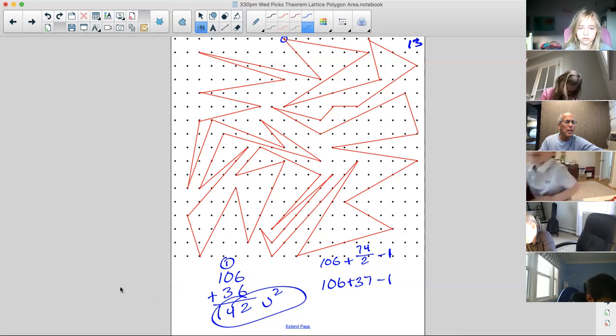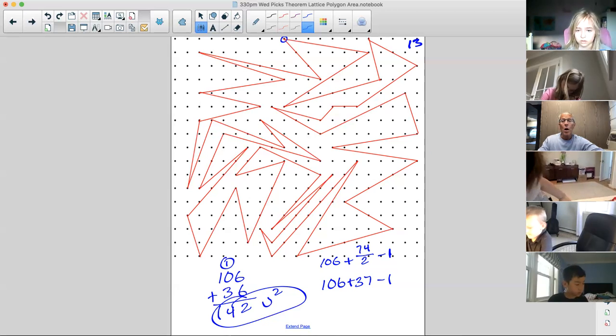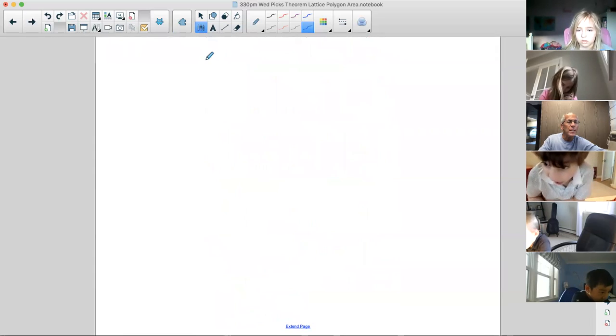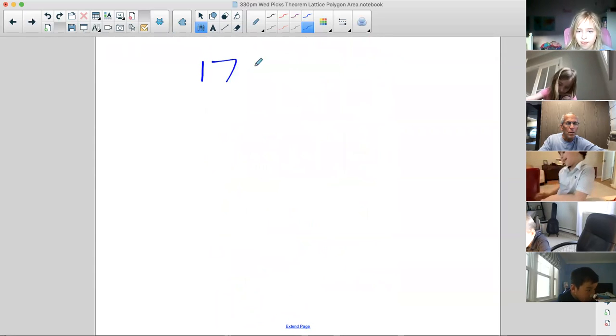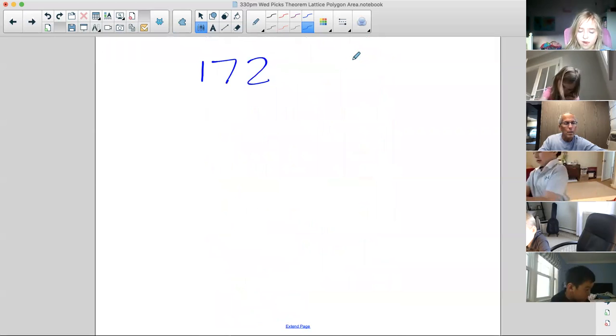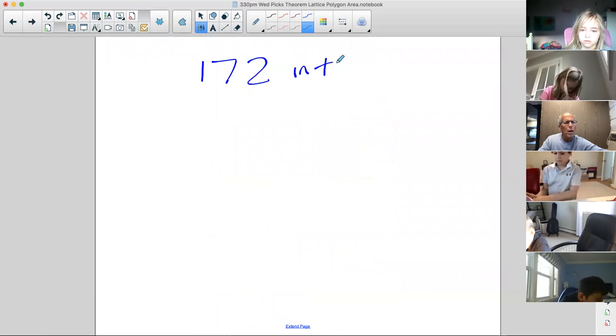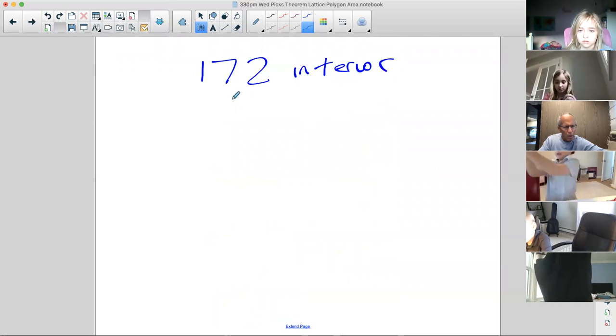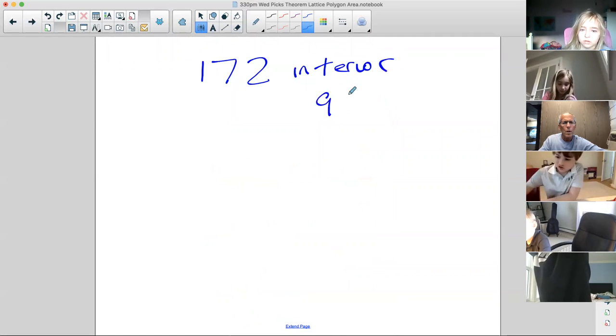Oh, interesting. It has 172 inside and 98 outside. Wow. That's incredible. So say the numbers again. 172 inside and 98 at the outside.